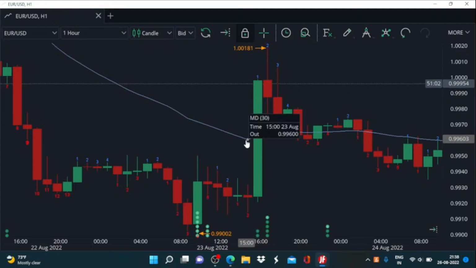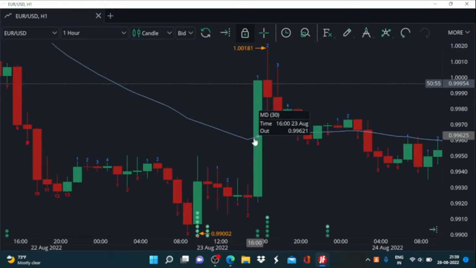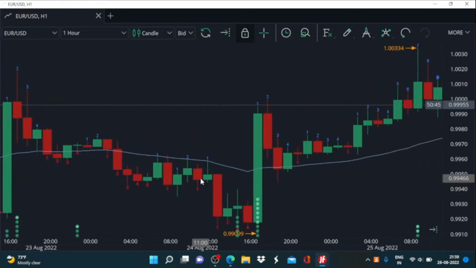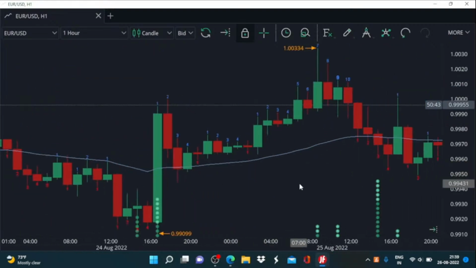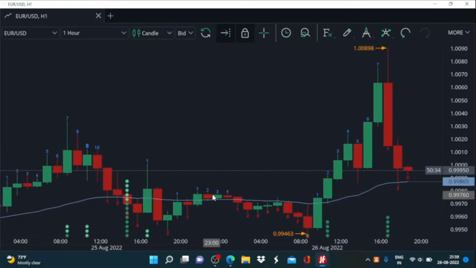We will see that if the price action has changed substantially, it has crossed over from one side to another, then in no time the McGinley dynamic will also change its trajectory, and it will help you stay on the side of the trend. And even in the markets where we see frequent moves from one side to the other, from bearish to bullish or from bullish to bearish, this indicator is going to keep you abreast with the fresh price momentum.